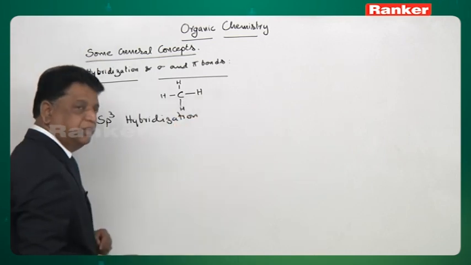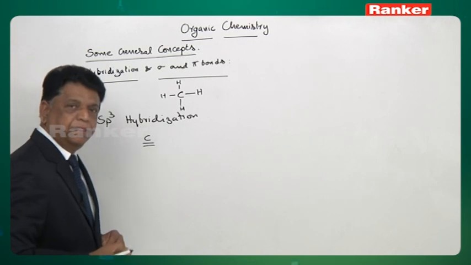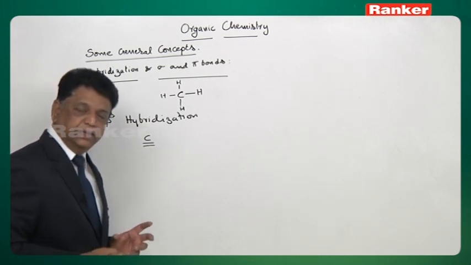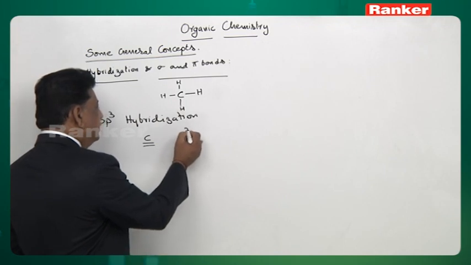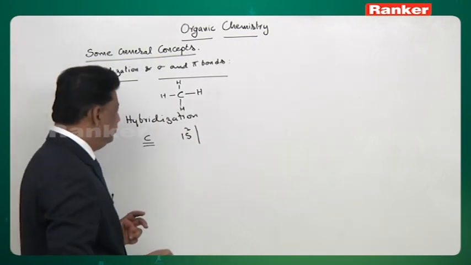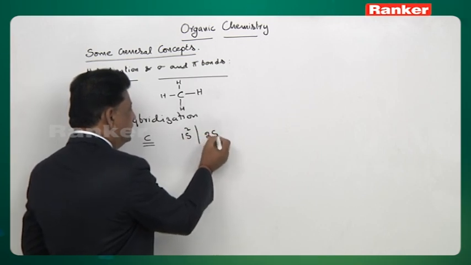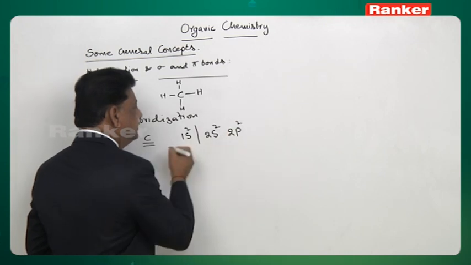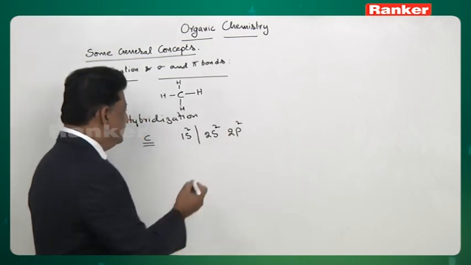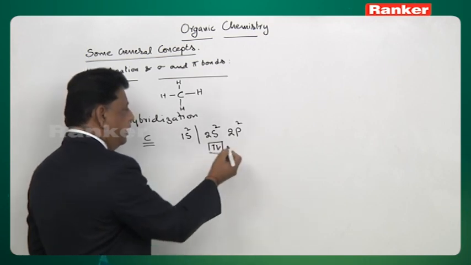To explain this one, we are taking the carbon electronic configuration. The carbon atomic number is 6, that means 6 electrons are there. They are arranged in the first shell, 2 electrons in the s orbital. In the second shell we have 2s2, 2p2, totally 6 electrons only, but of these electrons we can show that there are 2 electrons paired up.